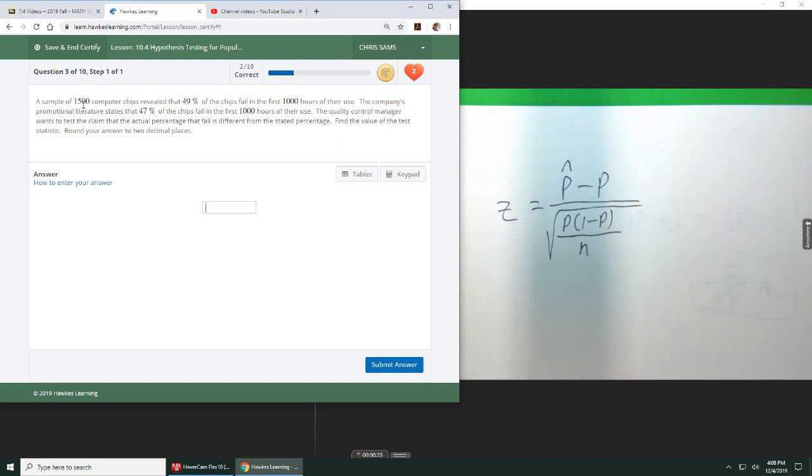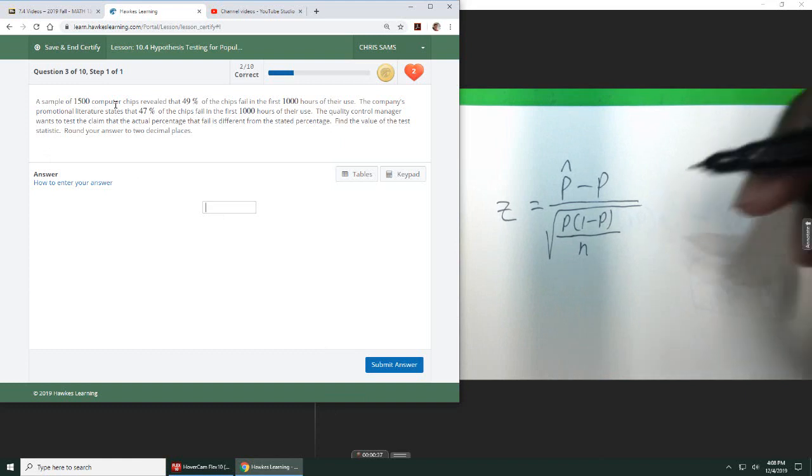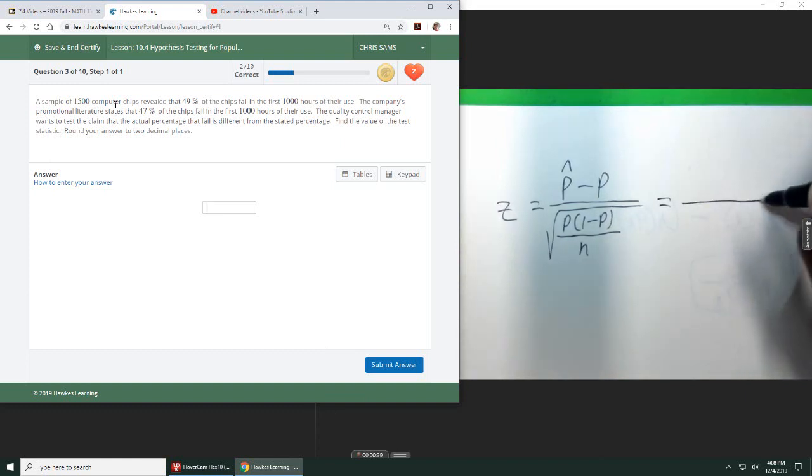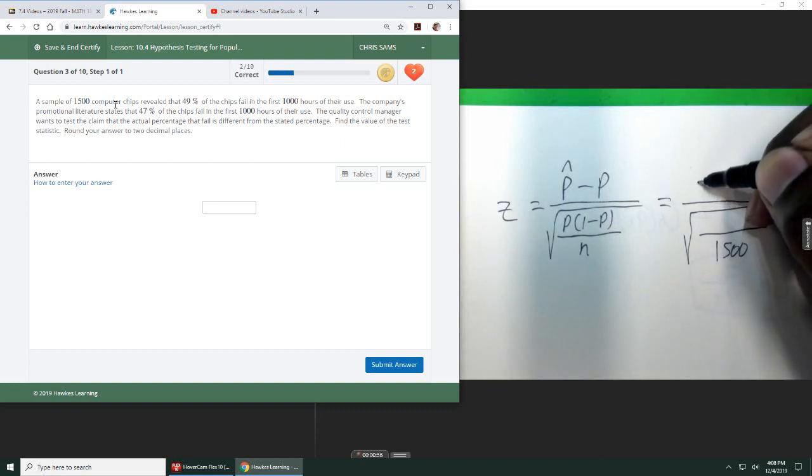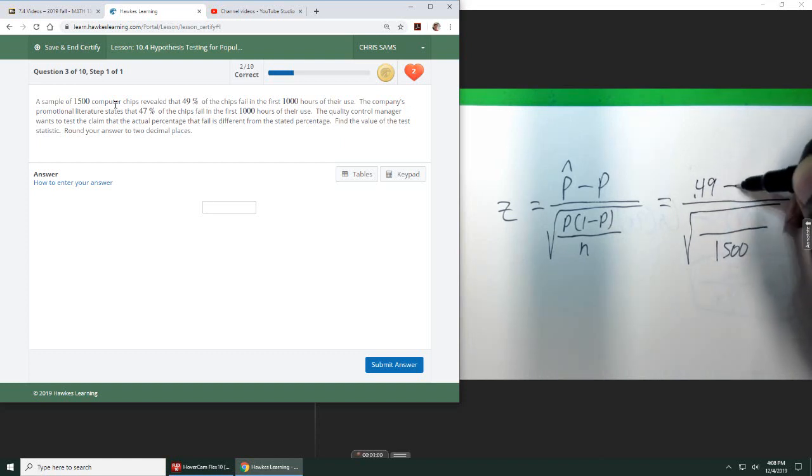So we're given a sample of 1,500. I'm just going to plug everything in right here next to it. My sample size is 1,500, so it's going to be on the bottom under the square root. It revealed that 49% of the chips failed in the first 1,000 hours. So the 49% is my sample proportion, my p hat, 0.49 as a decimal.